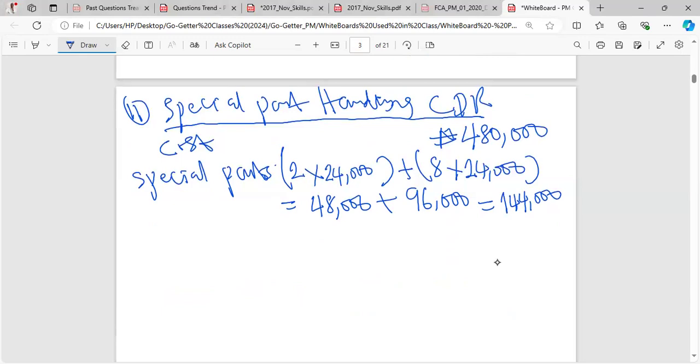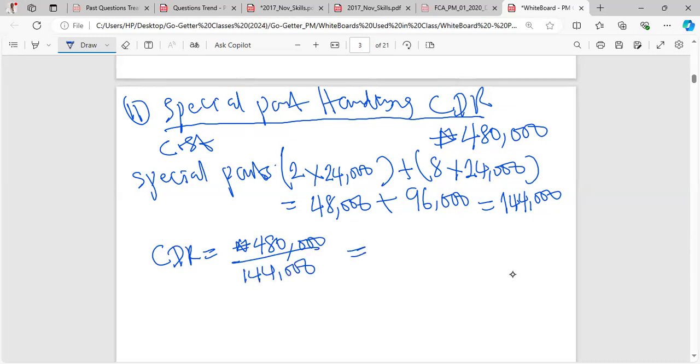So our cost driver rate will now be 480,000 divided by 144,000.